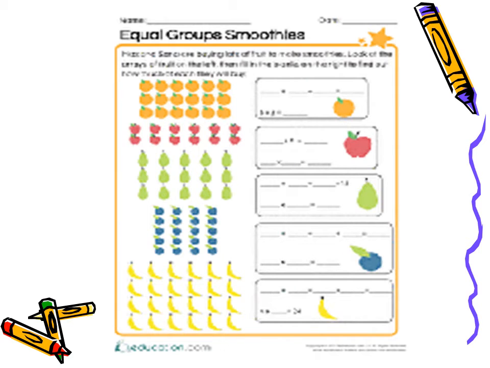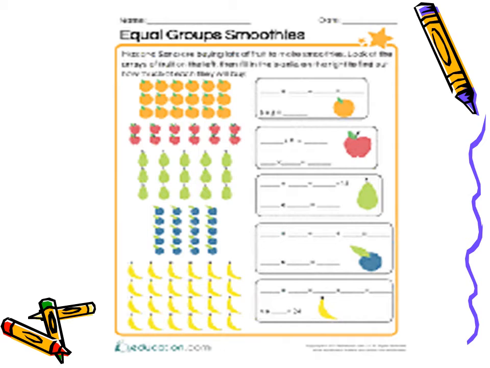In the first picture, we will be counting the number of oranges. In the first line, let us count 1, 2, 3, 4, 5, 6. There are 6 oranges in the first line. So we will write 6 plus, again in the second line we have the same number of oranges, 6.